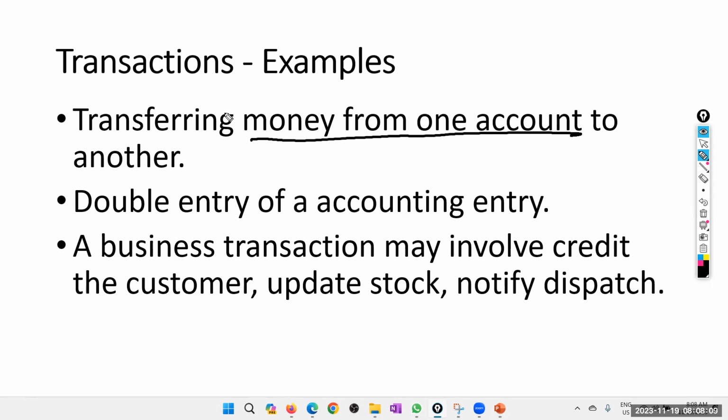It can be the same bank. If it is the same bank, of course, it is the same database. But if it is two different banks, your money is deducted from your bank, but the other person's money is added in another bank, which is under their control. That is not something we are interested in, because those are two different systems. What we are interested in is transactions involved with the same system or the same database. Same database transaction handling.